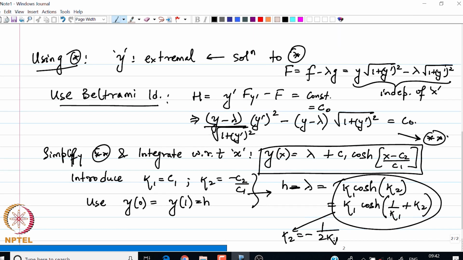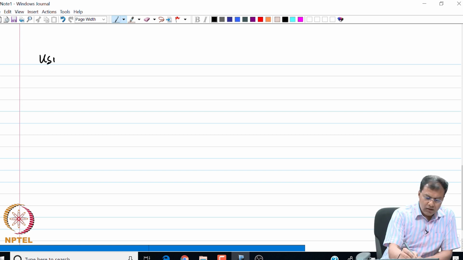So, then what do we have? We have found one constant in terms of the other, and we can further use the isoperimetric constraint.